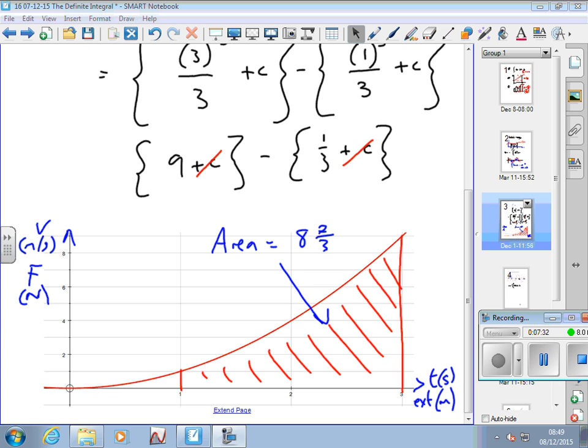Yes, it is the moment. If you're talking about something moving, yes, that's true. So the moment of the force, or, I'm thinking more generally now, it's the work done. Force times distance is the work done. So in this case, the area would be the work done, measured in joules, or the moment. So it's useful to find the area underneath the function because it often represents something we're interested in finding out, either the work done or the displacement of something.